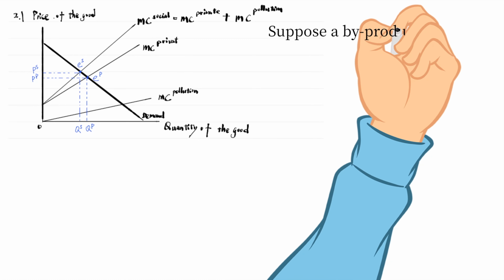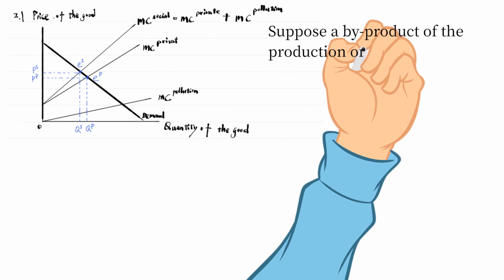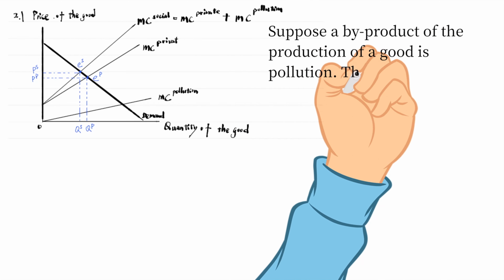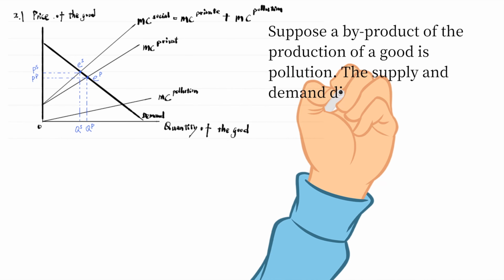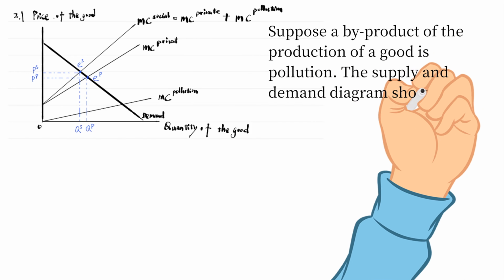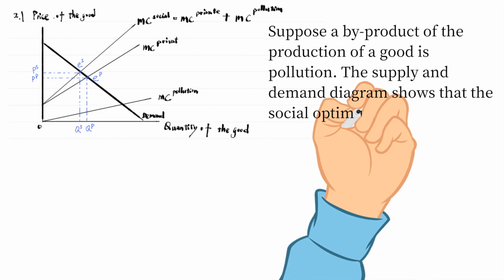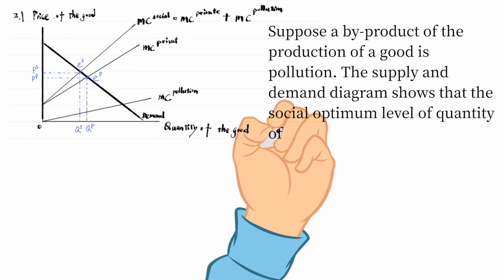Suppose a byproduct of the production of a good is pollution. The supply and demand diagram shows that the social optimum level of quantity of the good, QS, is determined by the intersection of the demand curve and the social marginal cost curve, MC social.